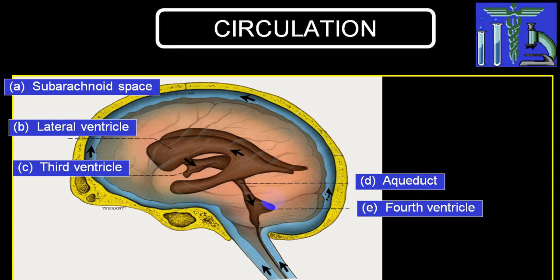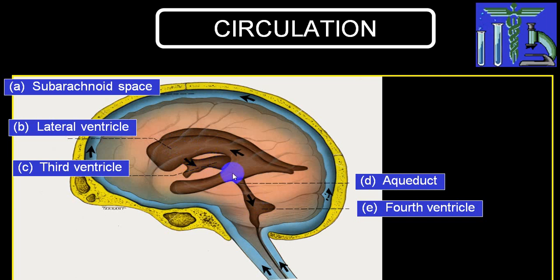So now we go to how it circulates. We have already discussed formation takes place in the lateral ventricles, that is in the body and temporal horn. Partly it is also formed in the third ventricle and partly in the fourth ventricle. But from the lateral ventricle, whatever CSF is formed comes to the third ventricle by the foramen of Monro.